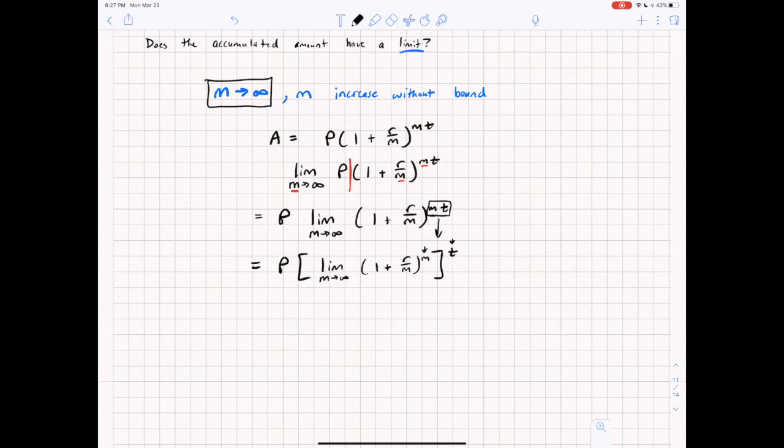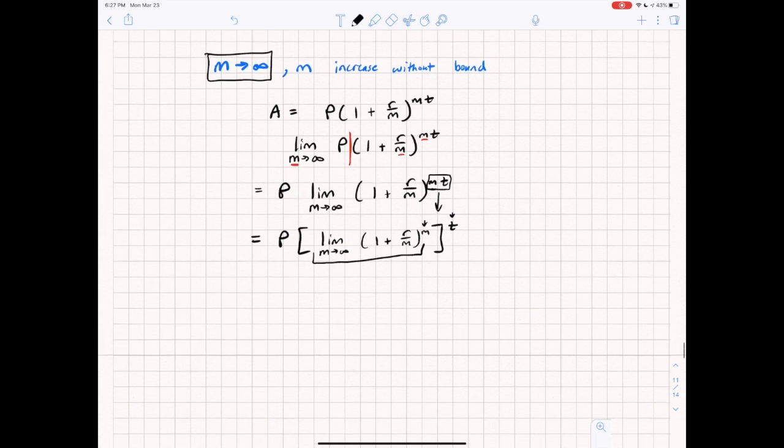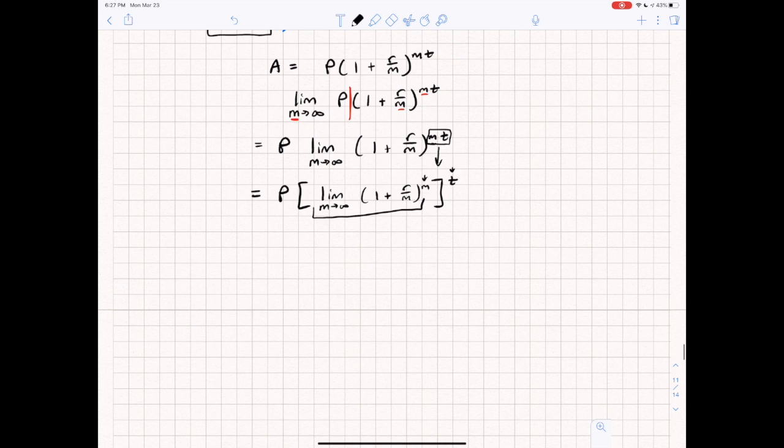To answer our question of what the upper limit is, I need to solve this limit. And this limit is really familiar to one we looked at at the very beginning of this lesson. At the beginning of this whole thing, we saw that the limit as m goes to infinity of 1 plus 1 over m is equal to e.